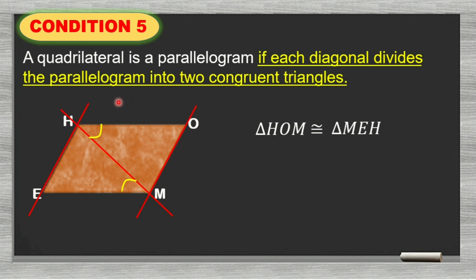Okay, in this triangle, this angle is angle H. And in this triangle naman, sa second triangle natin, this angle is angle M. Ang angle H, ito yung unang angle na binanggit natin dito sa unang triangle. Kaya dapat, ang mauuna naman sa second triangle ay yung angle na congruent sa kanya, which is yung angle M. Then, yung next ay yung angle O, congruent ng angle O naman ay yung angle E, kasi opposite angles are congruent.